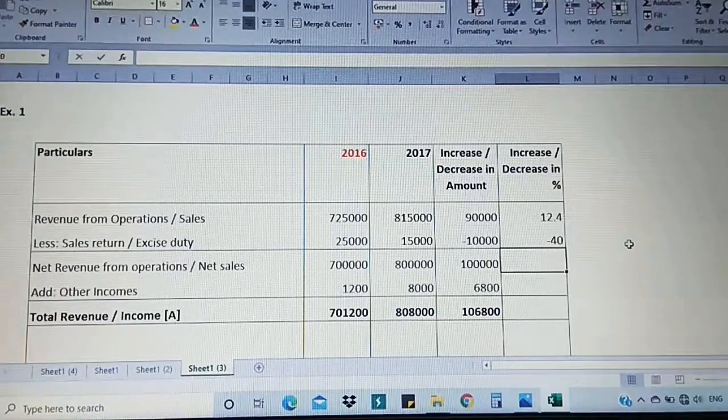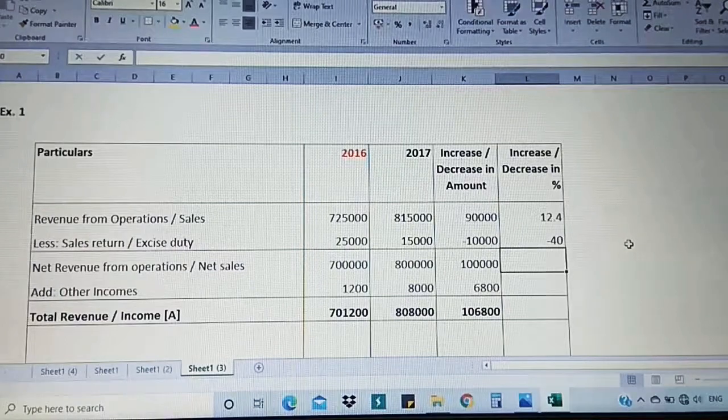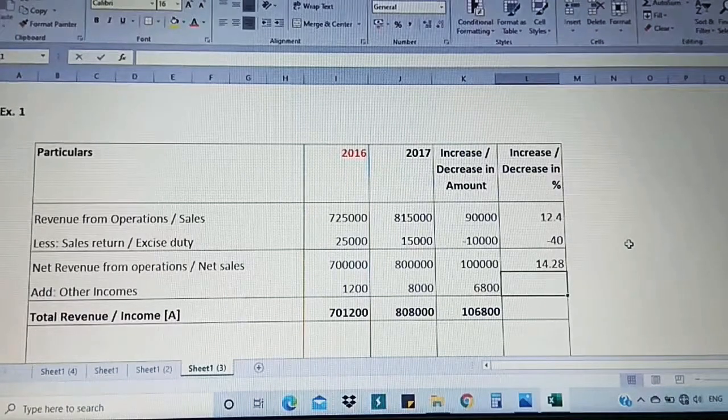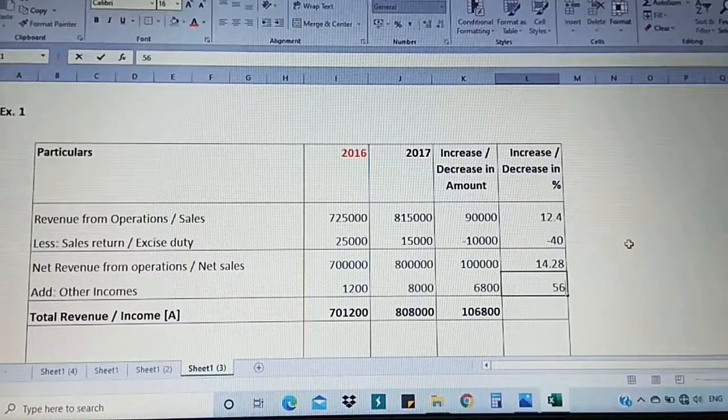Next, 1 lakh divided by 7 lakh, percentage 14.28% is increase. Then 6,800 divided by 1,200 gives you 566.67.